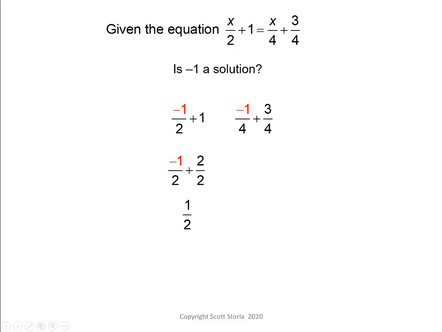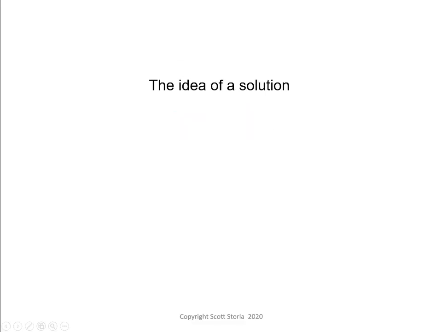On the right I already have a common denominator, so I can simplify to 2/4, which again reduces to 1/2. Since the values are the same, -1 is a solution, and here's my solution set. I hope this video has shown you the importance of evaluating expressions to figure out if a value is the solution to an equation.